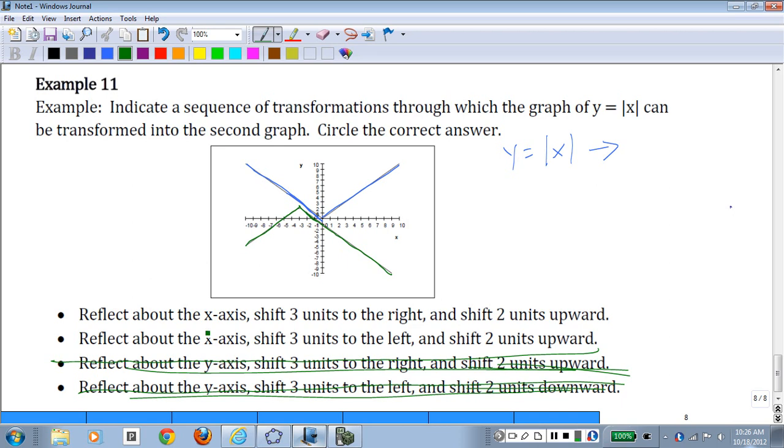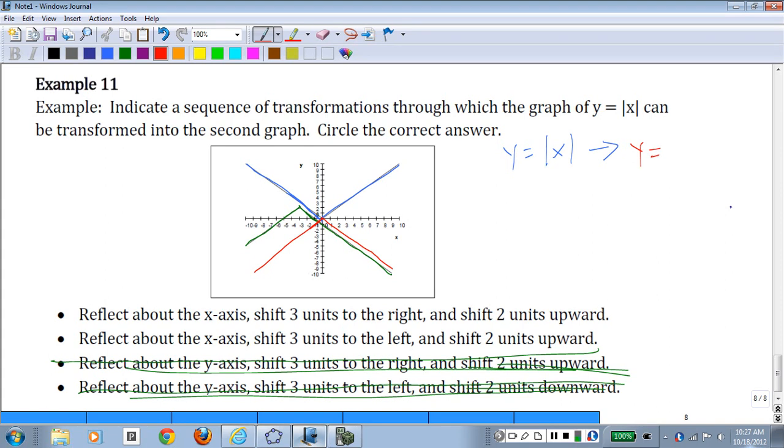But what helps is reflecting about the x-axis. When we reflect about the x-axis, it does this. We get this red graph here. That's what the picture looks like when we reflect about the x-axis. So what does the equation look like when we reflect about the x-axis?